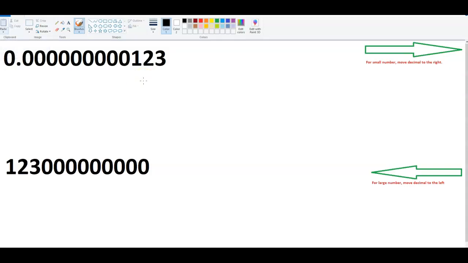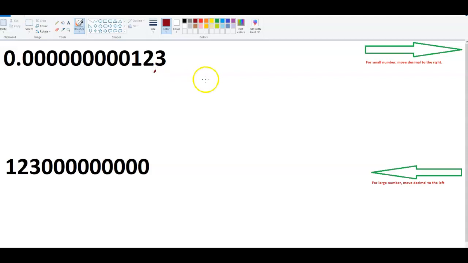Now, basically what you have to remember is that when you have a very small number, you're going to move the decimal point. In this case, the first one, you're going to move the decimal point to the right. And as you're moving it, you're going to count the number of spaces that you moved the decimal point. And now the question is, where do you know where to stop? That is where the digits come in. Your coefficient has to be less than 10, which means that I can't move this decimal point to this spot right here.